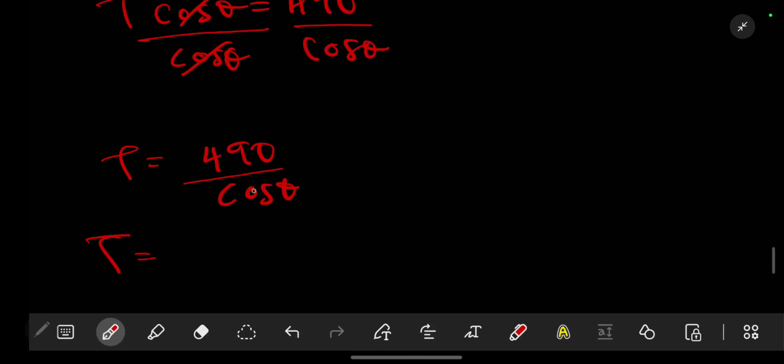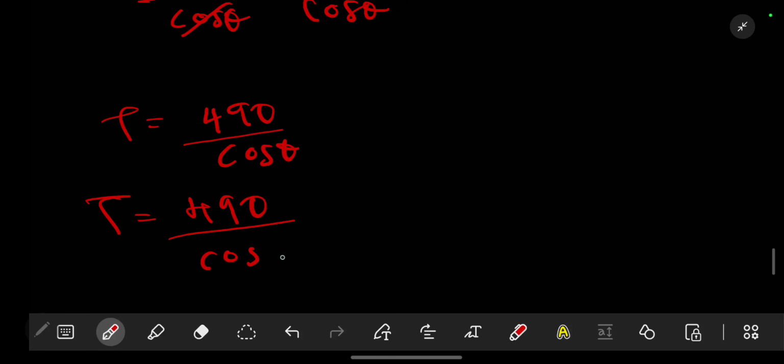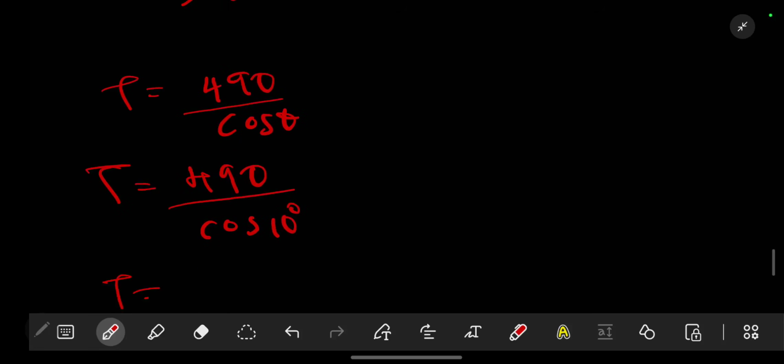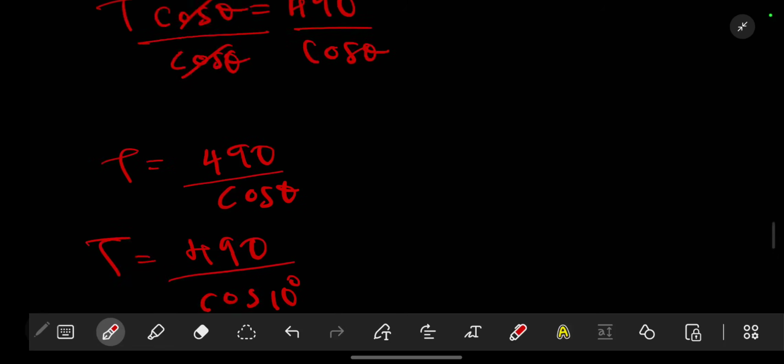Theta is 10 degrees, so the tension is 490 divided by cos of 10 degrees. This gives us a value of 497.56 newtons. So this is our tension.